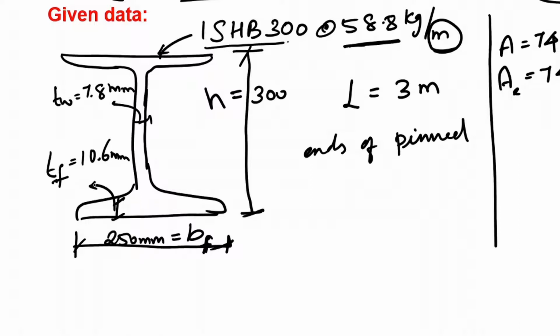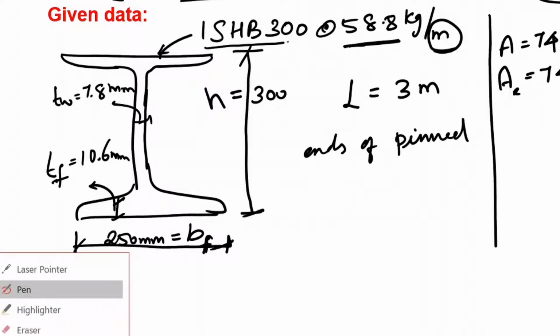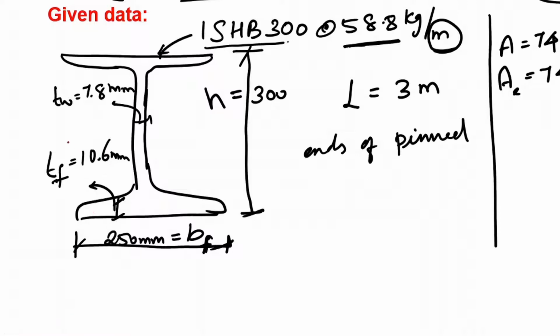Apart from this, we need to note down the moment of inertia and the radius of gyration about the xx and yy axis. So we have axis xx and axis yy. Can you guess which has the least moment of inertia? Which axis will buckle? Is it xx or yy? Yes, you can guess. It is simple.